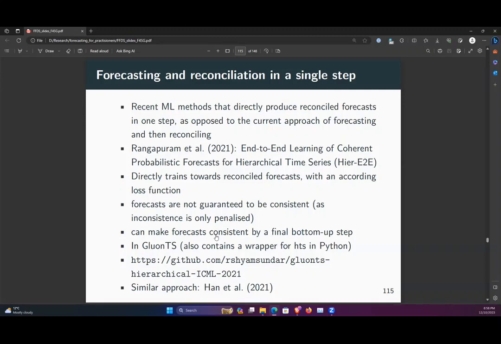But then these approaches where they do end-to-end optimization focus on one single optimizer that optimizes for both the forecasting and the reconciliation step, which is more efficient as well, and since you optimize for a single objective, it's much easier and much better to use. But the problem with these types of approaches is some of them follow the regularization way of reconciliation, which means that they cannot guarantee consistency.